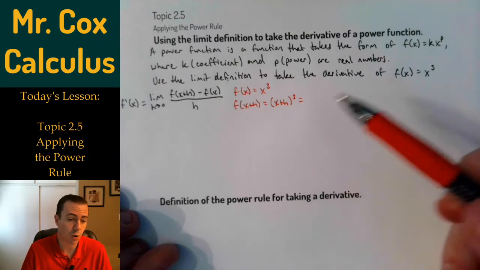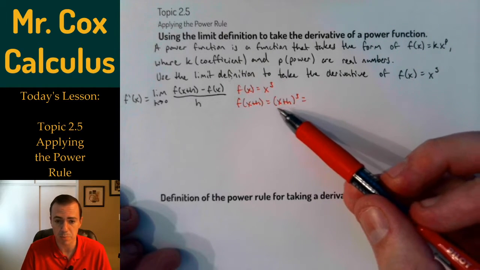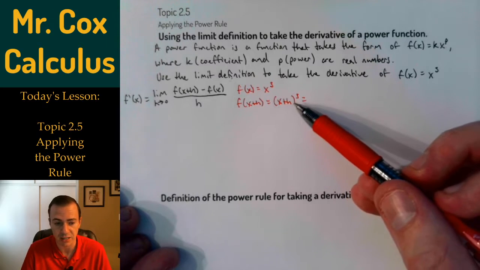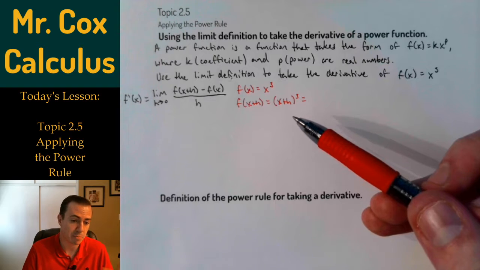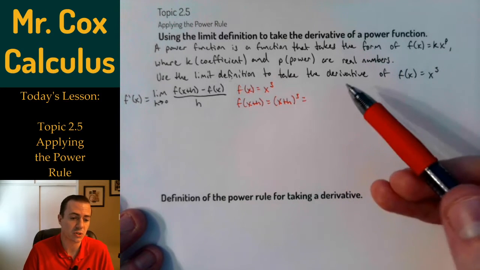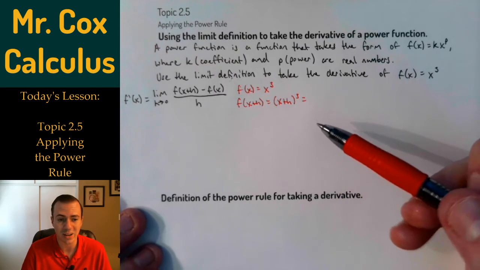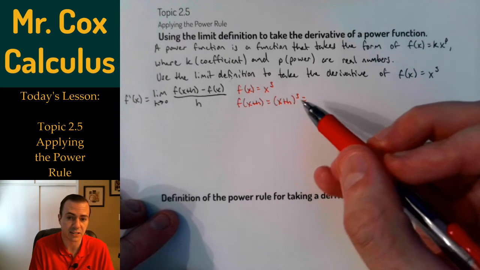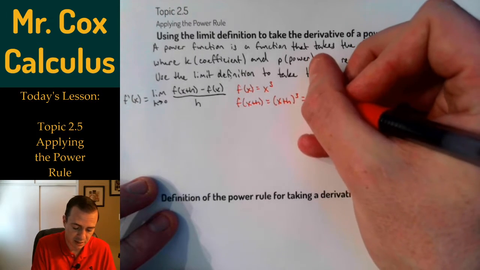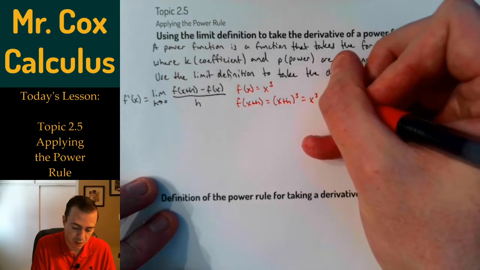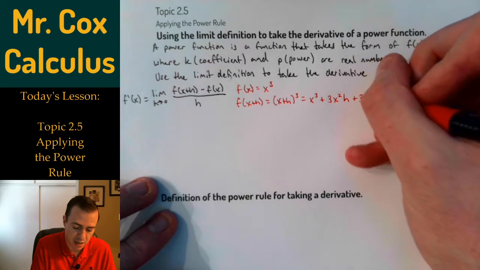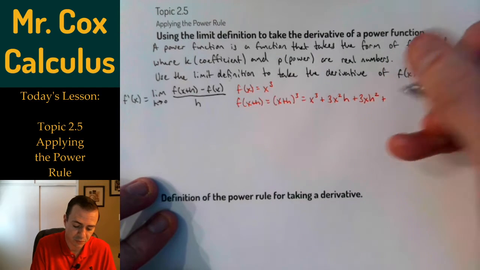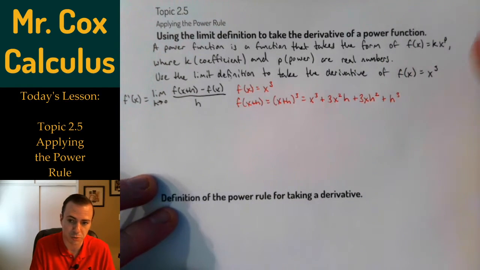But there's actually a formula. If you take a binomial, in this case x plus h, and raise it to any power, there is a method that allows you to find what that is very quickly. So I'm going to tell you x plus h to the third power is x cubed plus 3x squared h plus 3xh squared plus h cubed.